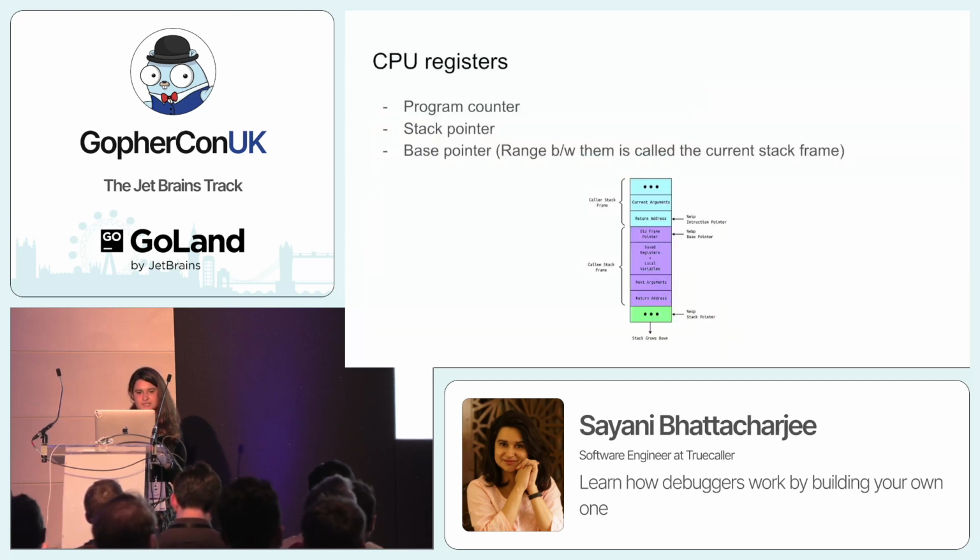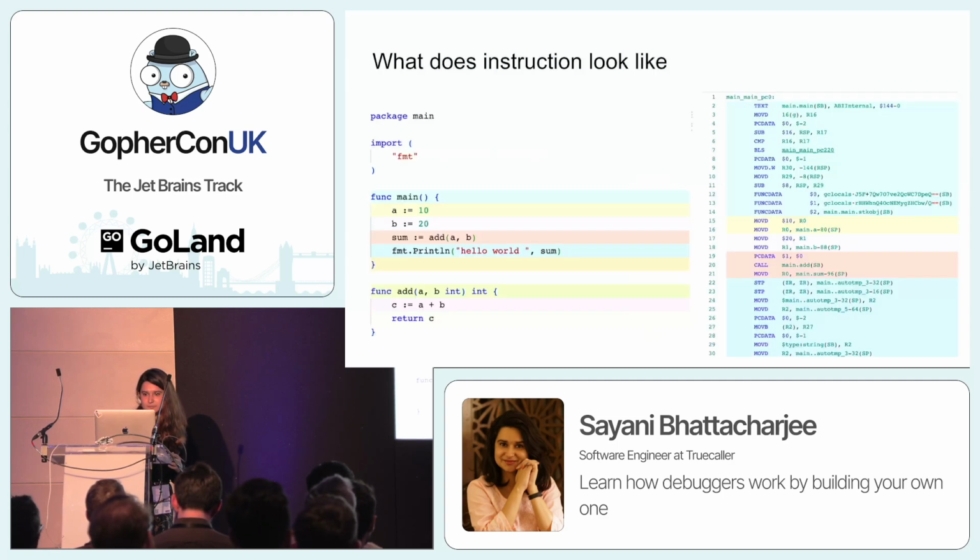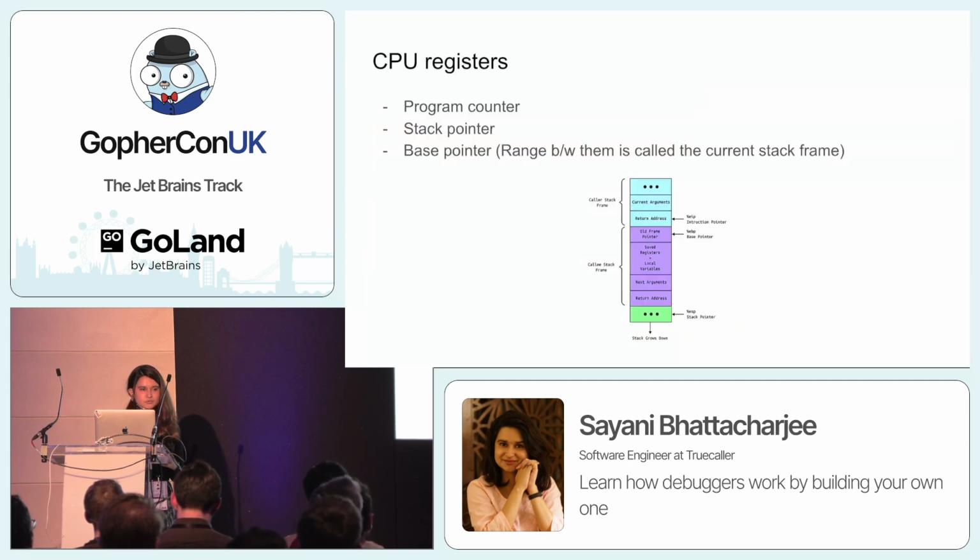At this point, it is important to understand what happens when we say stop at an instruction. We need to understand that there is something called a program counter. The program counter points to the next instruction that is going to be executed.